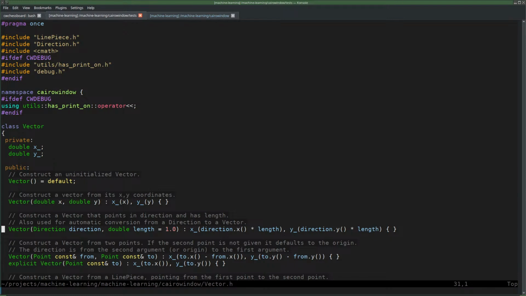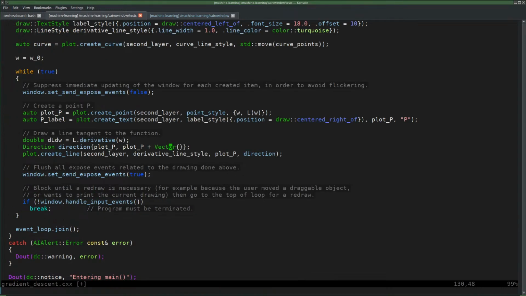So you have a vector, vector from 2 doubles. That should work, right?